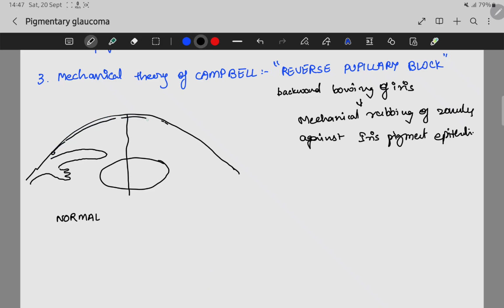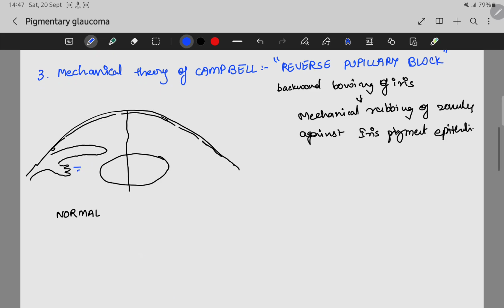This is a cornea. Right. So here there is production. So these are our zonules. Right. So the aqueous, it can flow from here and then it will go into the AC and then exit. So this is normal.